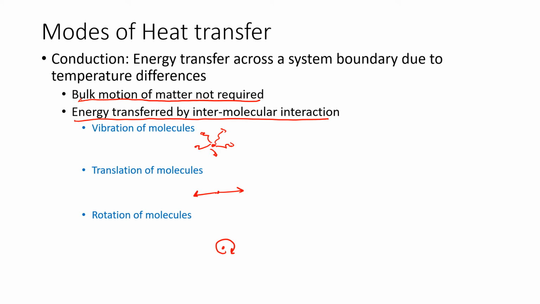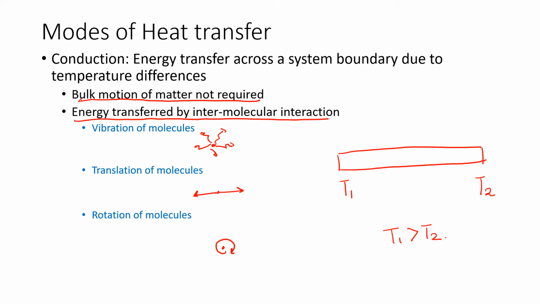Basically, let's say you have a pipe or a rectangular solid plate, and one end of the plate is at a higher temperature T1, and the other end of the plate is at a lower temperature T2. T1 is greater than T2.